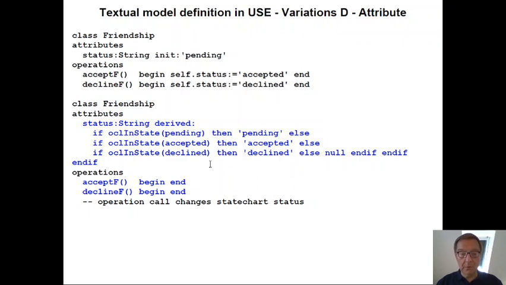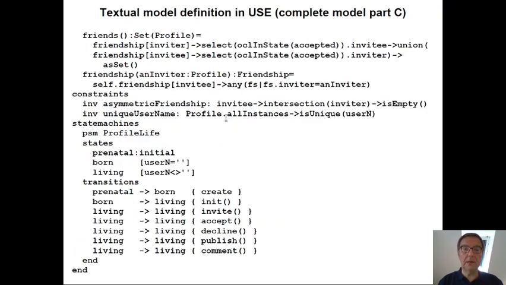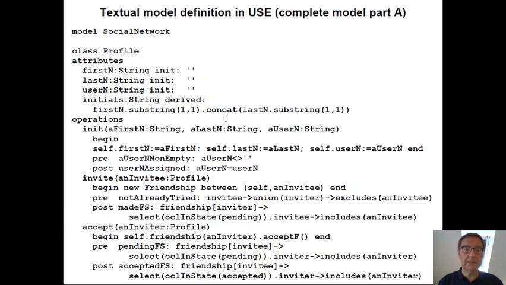What I'm doing now as an alternative is turning this attribute into a derived attribute. We saw a derived attribute already. For example, the attribute initials was a derived attribute.